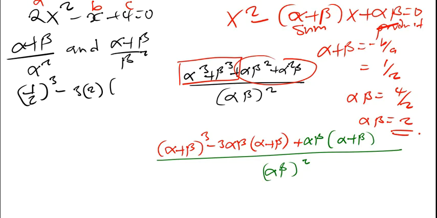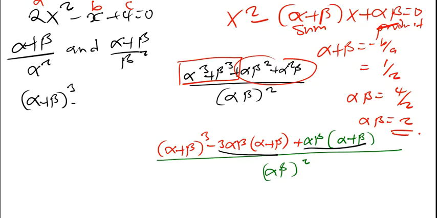In fact, why are we wasting time? This is wrong. It's not wrong, but I'm wasting time. These two guys can be added. So it will be negative 2 alpha beta, open brackets alpha plus beta.